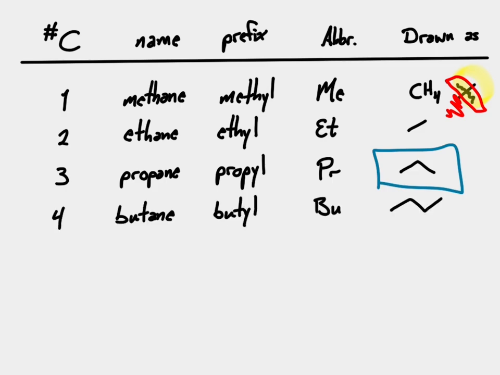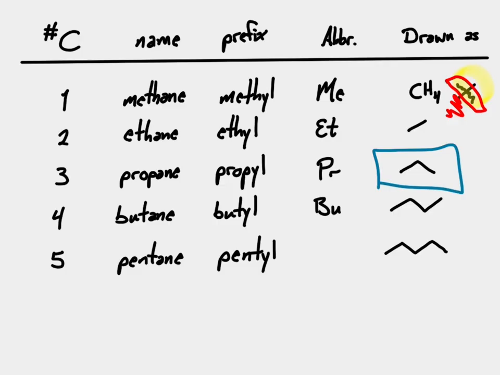4 carbons is butane, like you might have in a lighter, for example. Propane can also be found like in a propane tank. Butane is represented as butyl or Bu, and now we have this 4-carbon chain drawn. If we go to 5 carbons, it's pentane or pentyl.